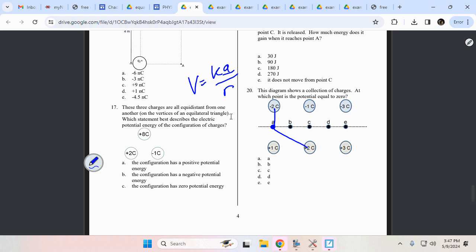Likewise, these two also are not the same distance. So that's not the right answer. Where is the potential equal to 0? Looks like B, right? These two distances are the same to those equal but opposite charges. These two distances are the same to the equal but opposite charges, and those two distances are the same. So B is the only one that has a potential equal to 0.